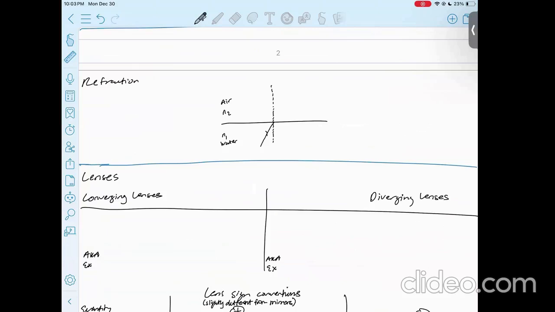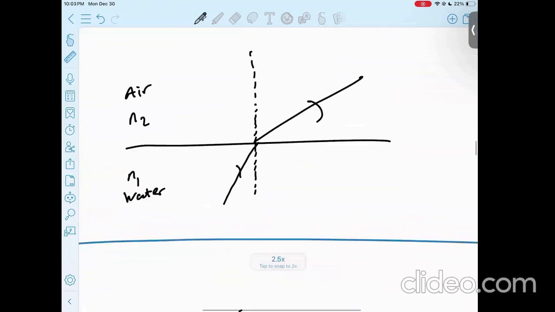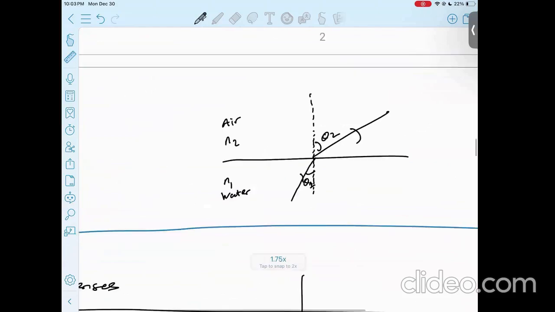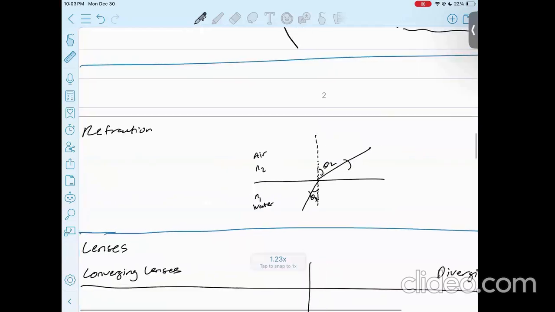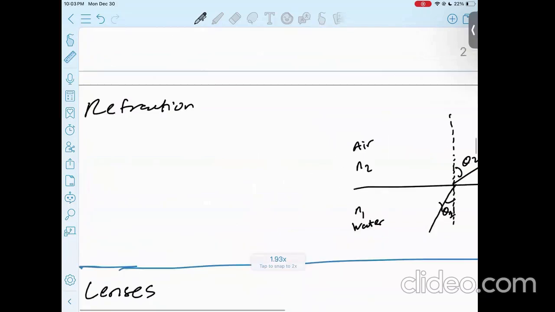It comes out from the water, goes into the air, and it bends away from the normal. Now, it's not quite this dramatic, but this is sort of what's going on. So that's theta 1, that's theta 2, n1 and n2 are the respective indices of refraction. And you know that this process is governed by Snell's law.